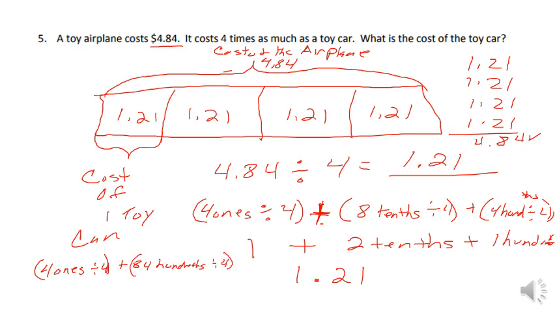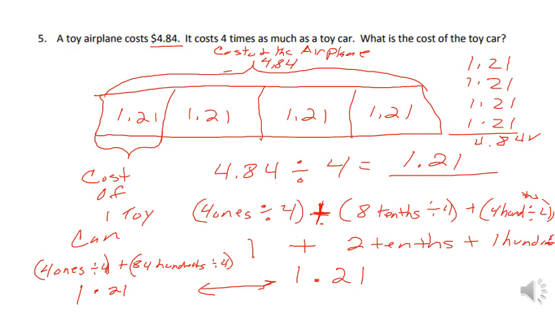But some of you may have a hard time with 84/100. So 4 ones divided by 4 is going to give me 1. And 84/100ths divided by 4 is going to be 21/100ths. Notice both ways gave you the correct answer.